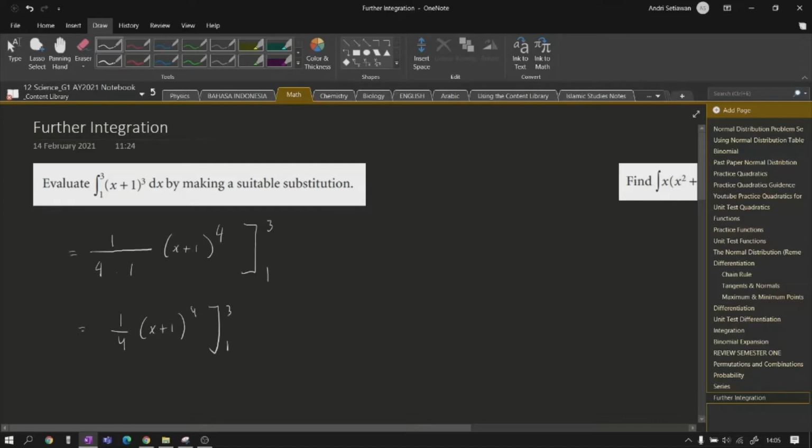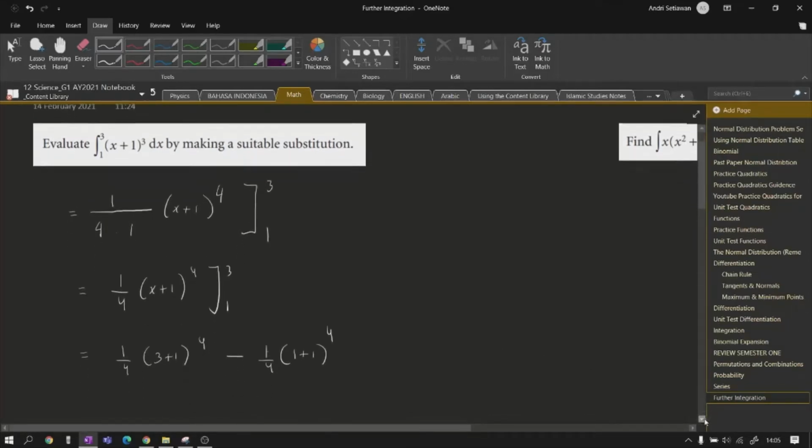And the last part is we just have to substitute the interval. The first is the upper limit followed by the bottom limit. 1 over 4, 3 plus 1 power 4 minus 1 over 4, 1 plus 1 power 4.